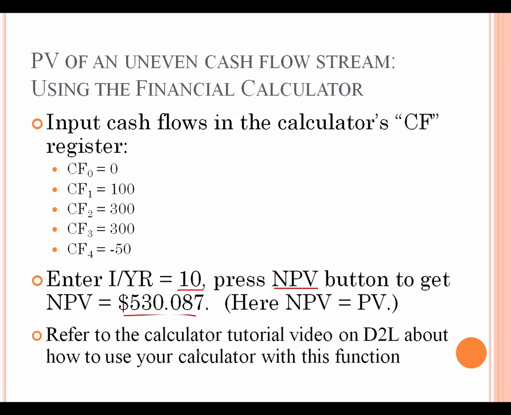So again, refer to the calculator tutorial video on D2L about how to use your calculator with this NPV function. If you have a TI-83, it will be a little bit different, but in the video I have for the TI-83, you can find the instruction about how to use your calculator to calculate the NPV, and you should be able to get the same results.